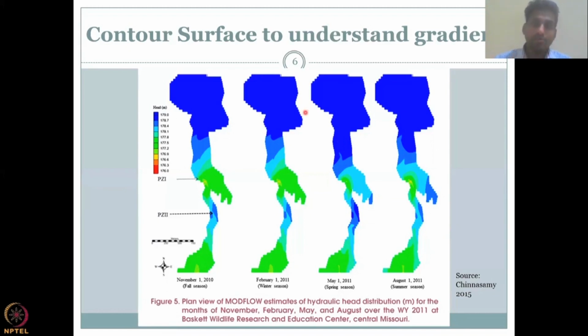So for example, if you have wells, one here, one here, let's add more, four wells, and you do IDW, then it will take only the nearby wells and interpolate. It will not take these wells because they are far away. So as the distance increases, the weightage of these wells decreases. So this interpolation is very important because nearby wells talk to each other rather than distant wells, and then the groundwater gradient is made.